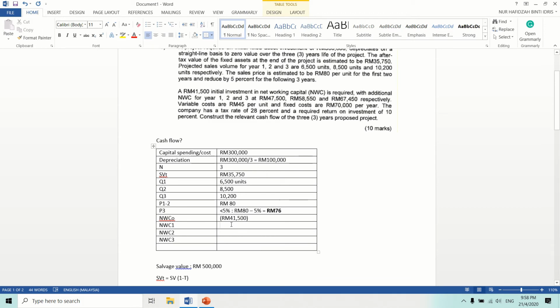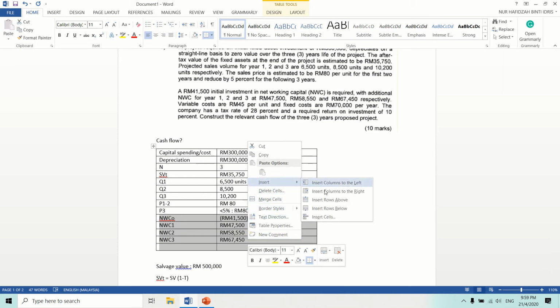Net working capital year 1 is 47,500, year 2 is 58,550, and year 3 is RM 67,450.